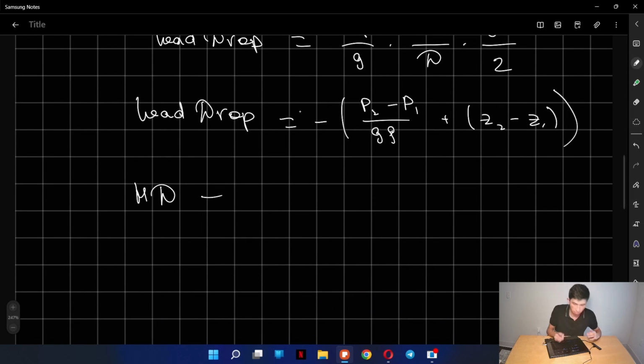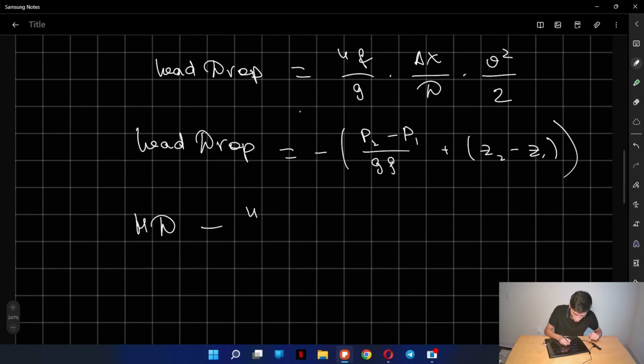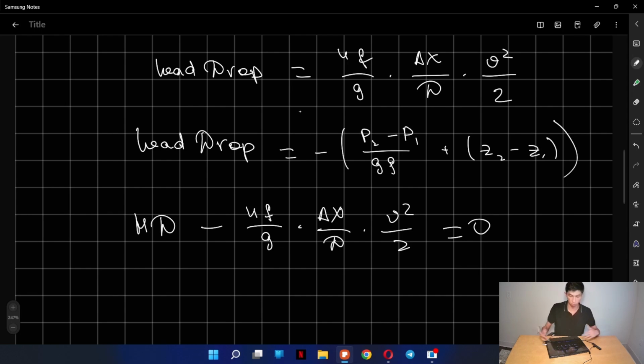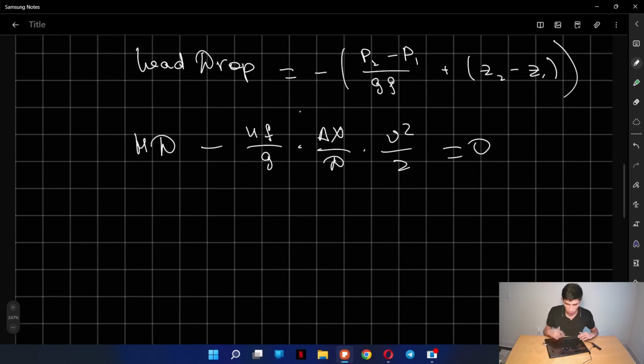Okay, if I'm going to subtract from that given head drop my calculated head drop, which is going to be 4f over g times delta x over d times velocity squared over 2, it should be equal to 0. So if we're going to use the root solver for a particular equation, the root solver will determine a particular value of velocity that makes the whole equation go to 0.